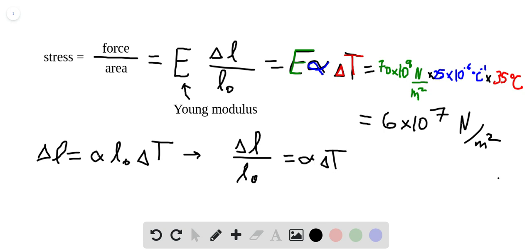So in the manual, just give me a second here. In the manual, the answer is 4 times 10 to the 7.